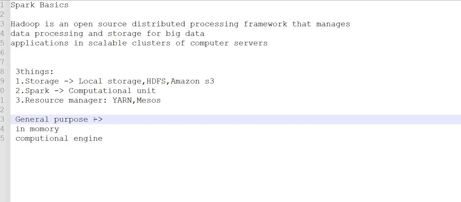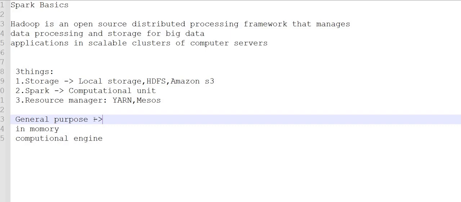We have Sqoop to import data and Hive for querying data, but these two things can be done with Spark as well. Spark can query data, import data, and process data. That's why Spark is general purpose.